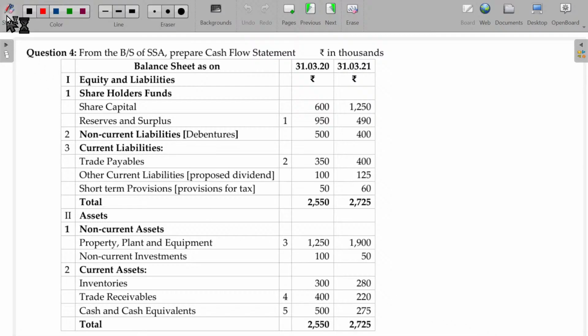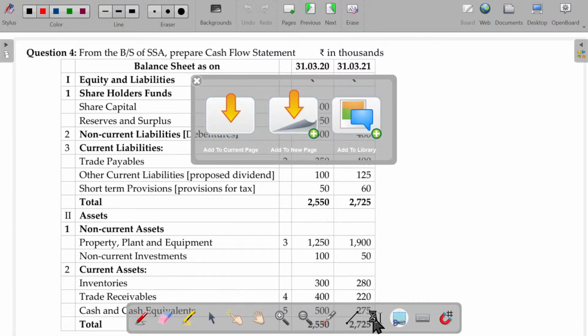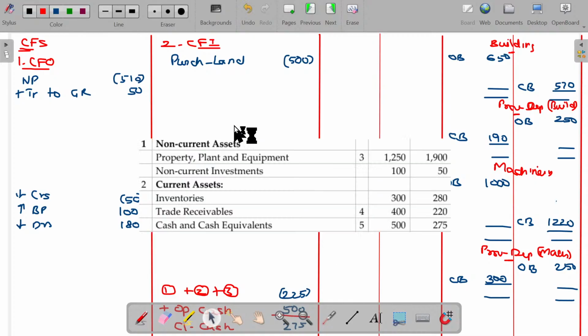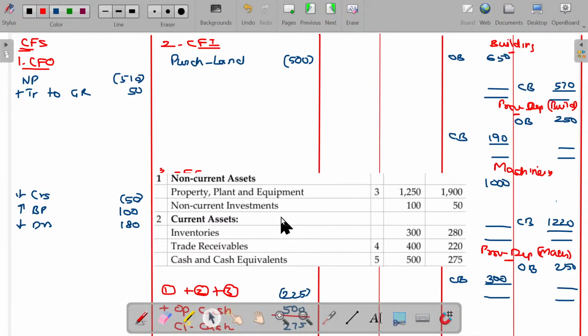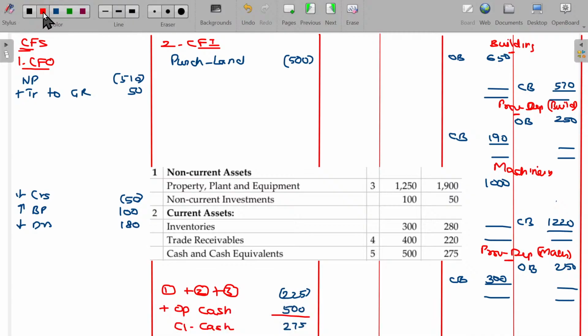Now here, I'll start with asset side value. In asset side value, property, plant, equipment, schedule number 3. It comprises 3 assets we already posted, and we have non-current assets, non-current investment.